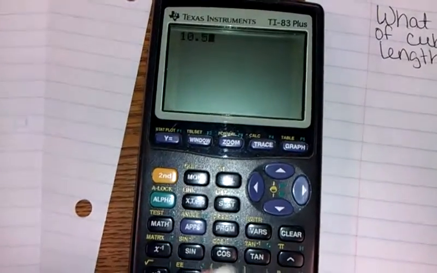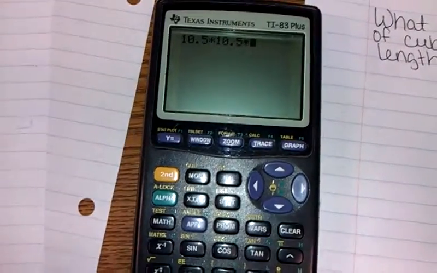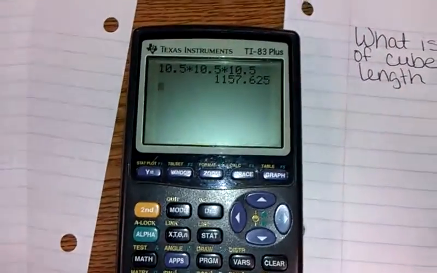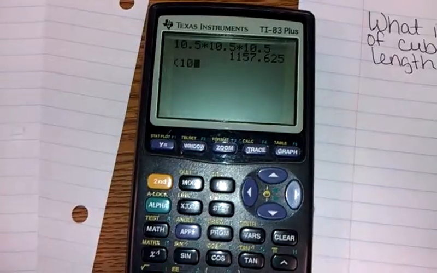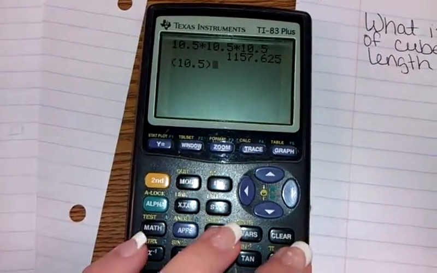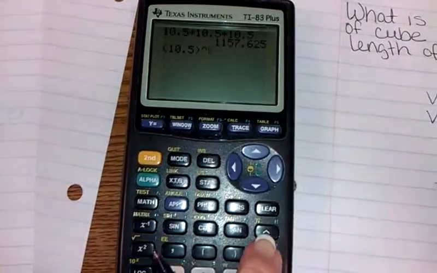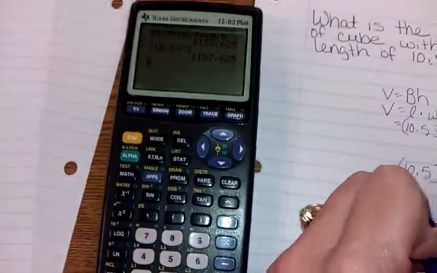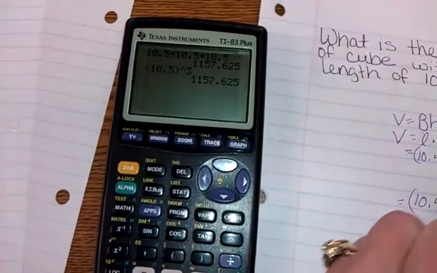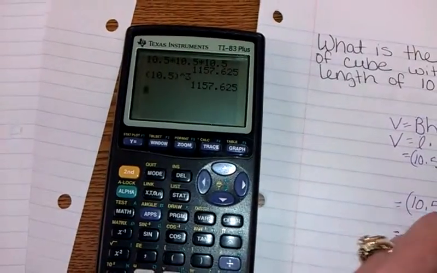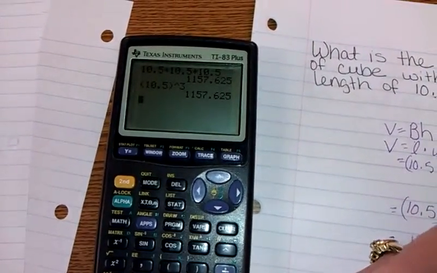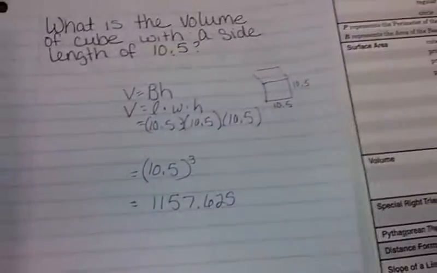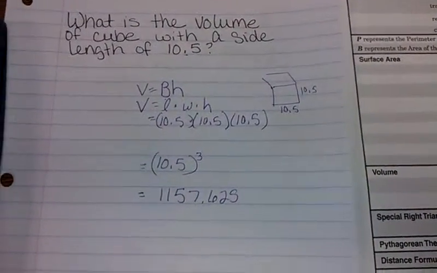So I'll do 10.5 times 10.5 times 10.5. There's my answer, and again I want to just show you 10.5, and then I'll take the caret key, which is right here, and put to the third power. It'll give you the same answer, which means that my volume is 1,157.625. I'll just leave it there for now because you don't know what they'll have for an answer choice. But there's your volume.